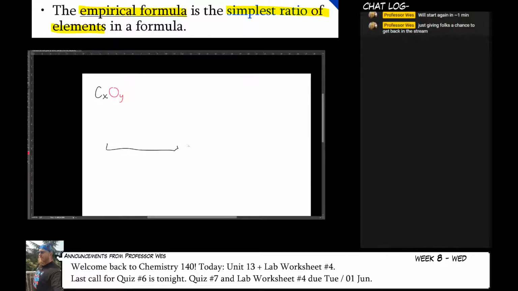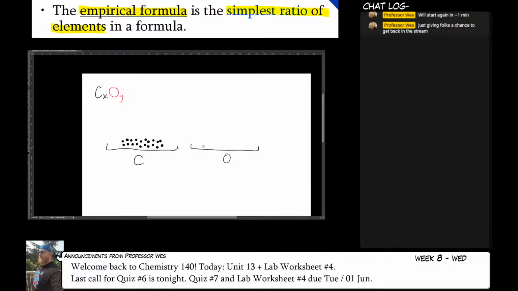Let's suppose that I do an analysis of this, and I find out that the amount of carbon in my sample is this much. I have to actually hit the tablet there. Okay, so I have that much carbon.